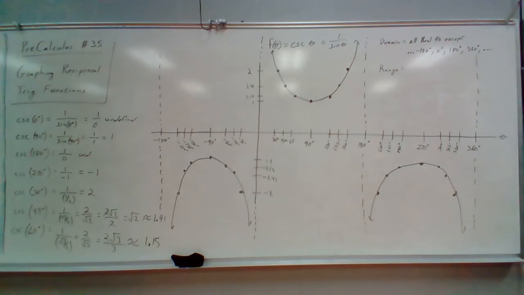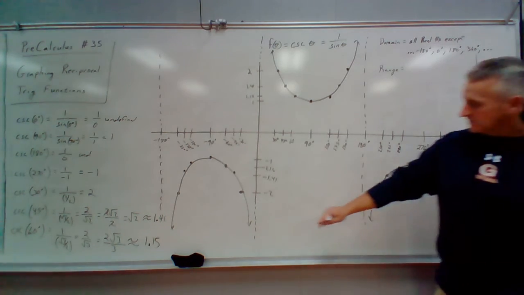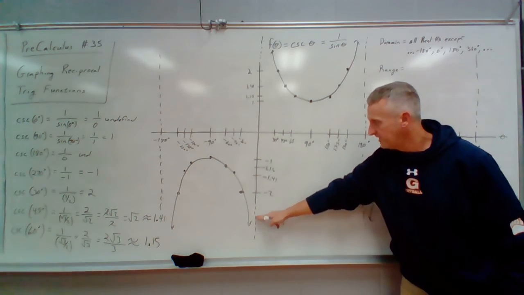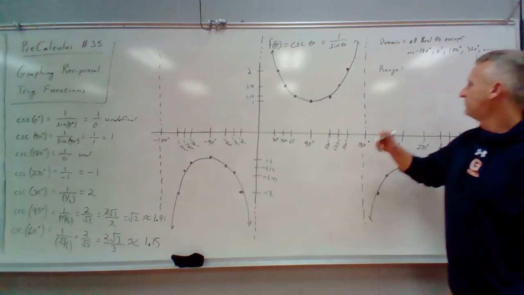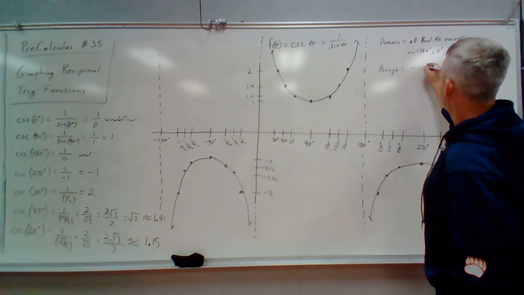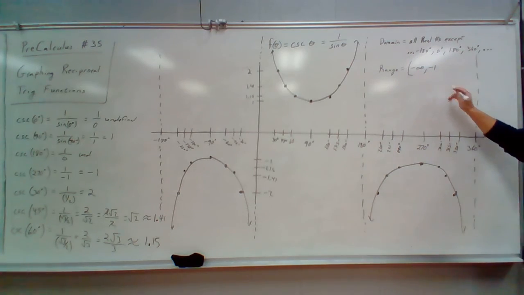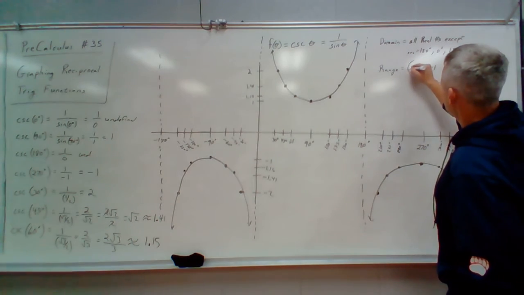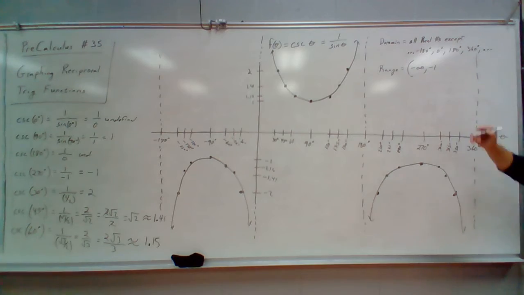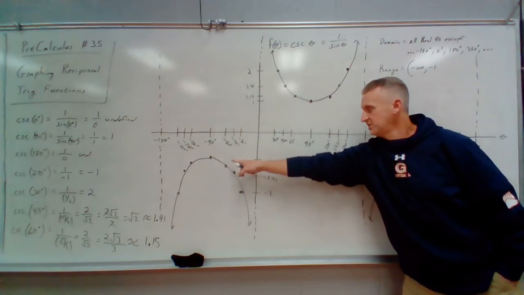All right, what's the range? So the range is all the values that the function spits out. So you can see it spits out everything from negative infinity to negative 1. Make that really clear. The negative 1 is included in the range.